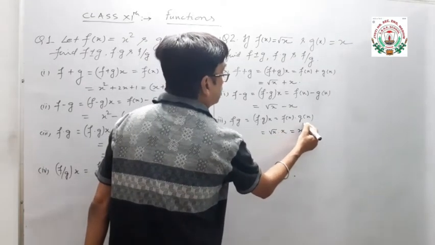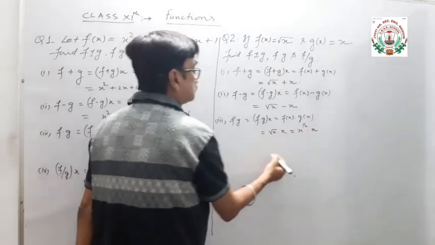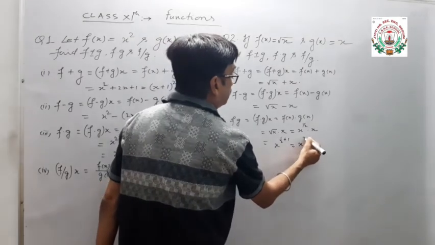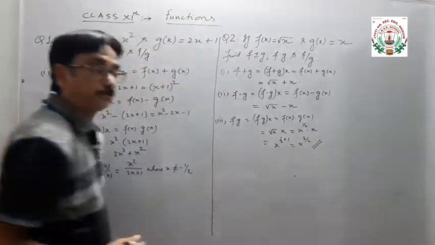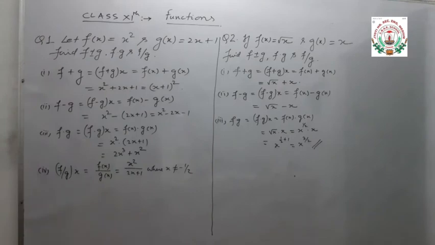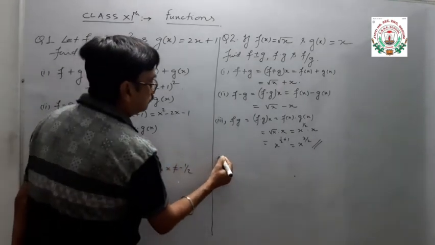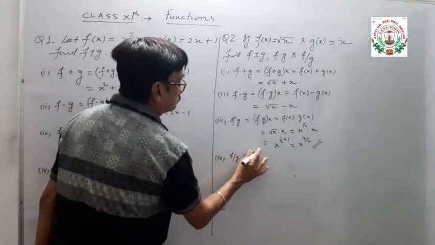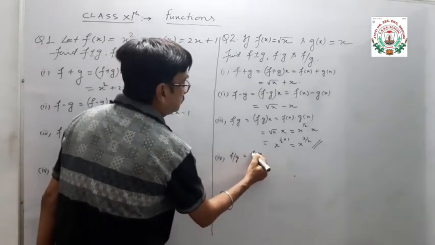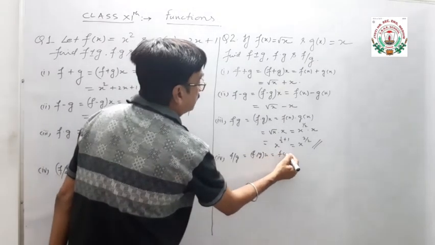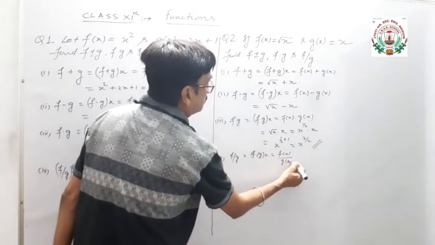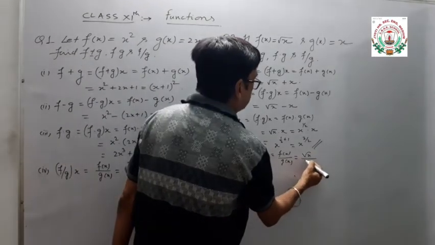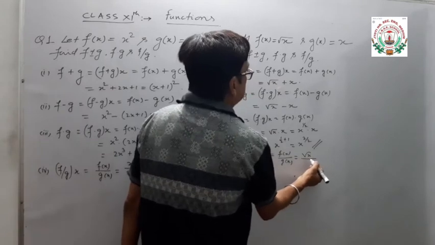रूट x को अपन लिख सकते हैं x to the power 1 by 2 into x, which becomes x to the power 1 by 2 plus 1, x to the power 3 by 2, by the law of exponents. Next we come to the fourth one here, that is division. (f divided by g) of x, f of x upon g of x, will be equal to f of x is our root x and g of x is our x.